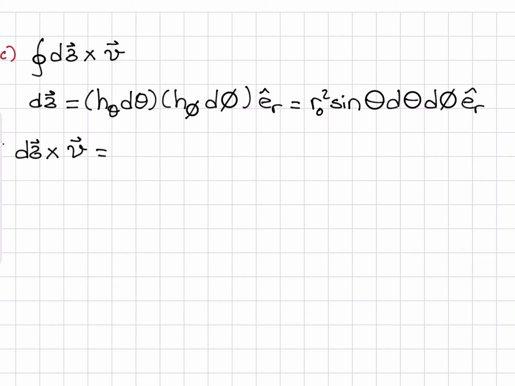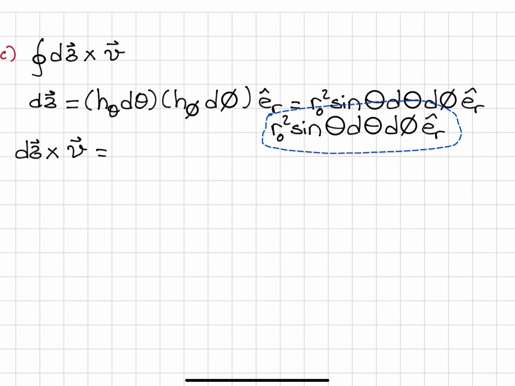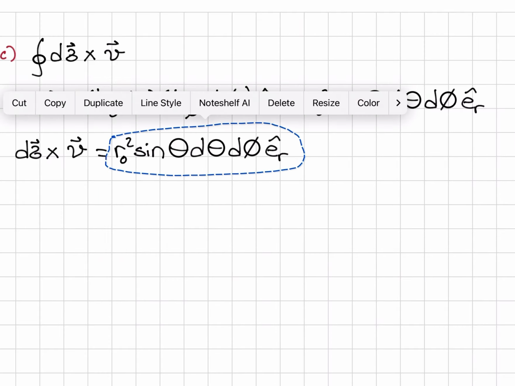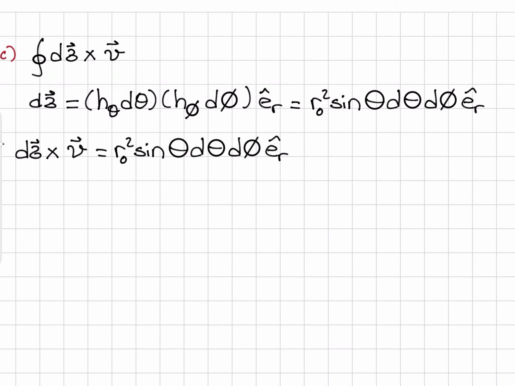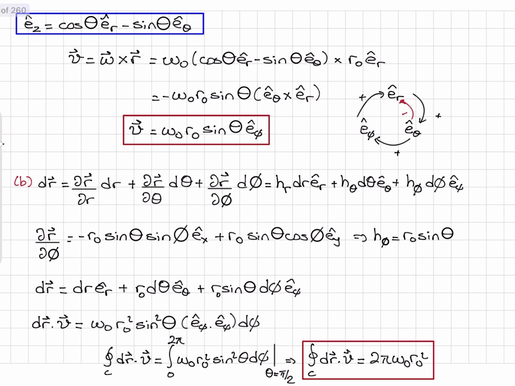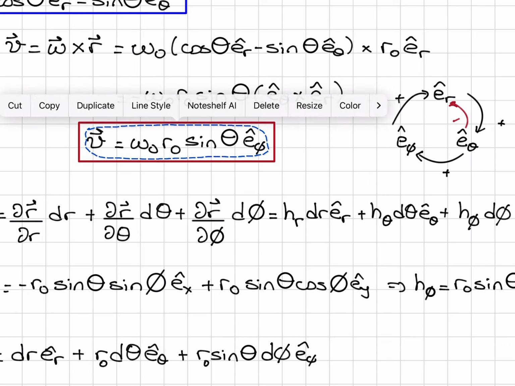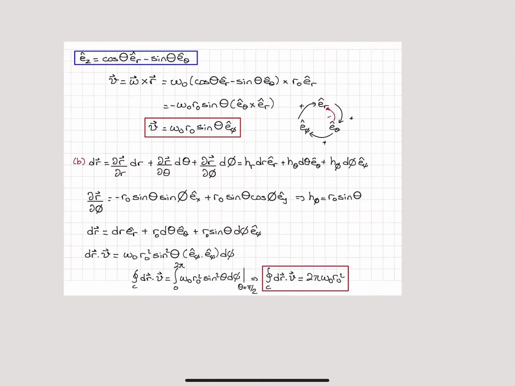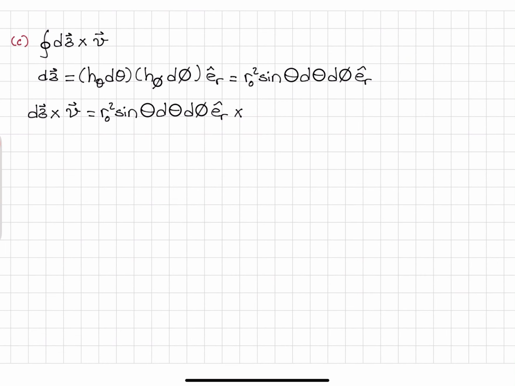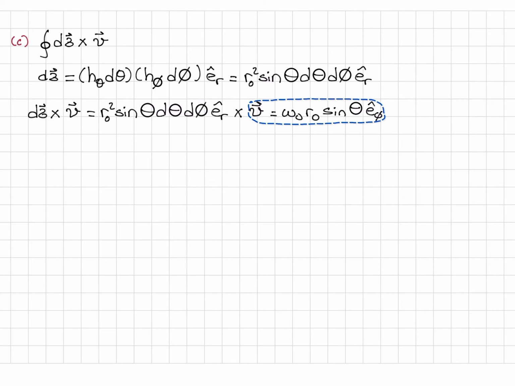So here is our d sigma vector, and we're going to take a cross product with our velocity vector. So let's copy our velocity vector here. And here is our velocity vector.